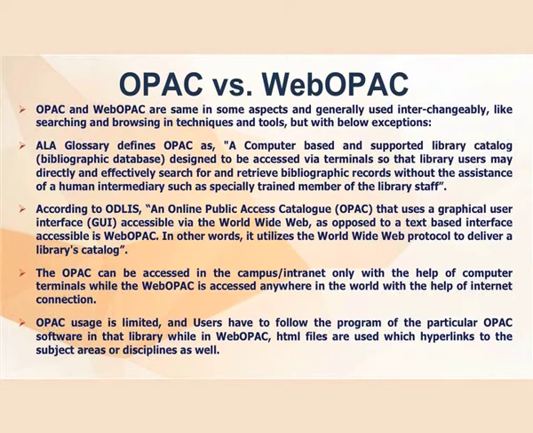OPAC usage is limited, and users have to follow the program of that particular OPAC software in that library, while in WebOPAC HTML files are used with which hyperlinks the subject areas or disciplines as well. For example, earlier we were having the client version of Ellipsis software.